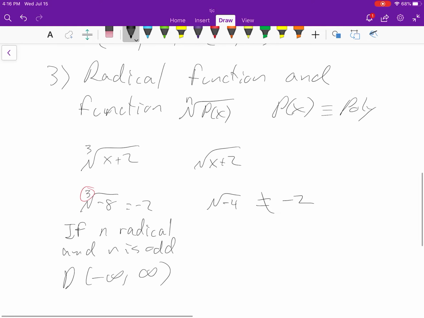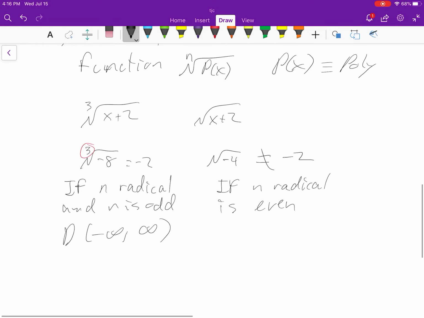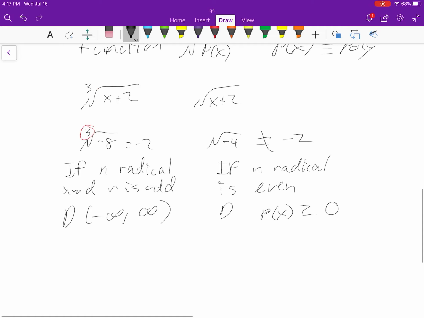So this is not defined. So with even roots, if the nth radical is even, then your domain is such that the insides, the p of x, has to be greater than or equal to 0.